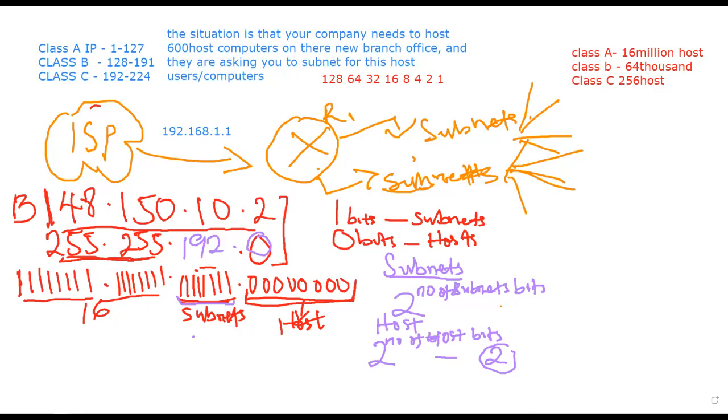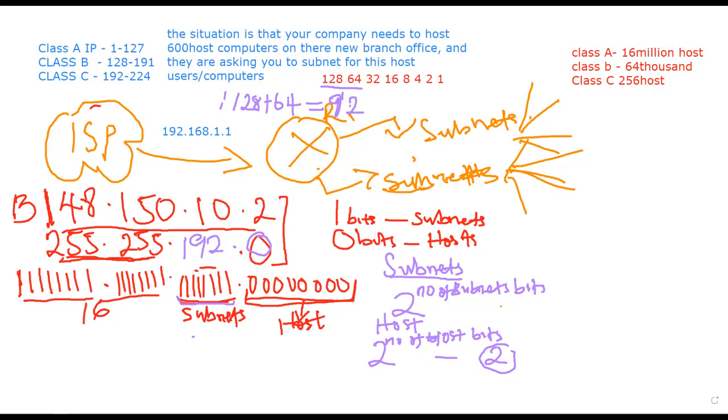What should that be? 128 plus 64 is going to give us, let's see, I don't want to break my head too much, exactly 192. So these first two bits become 1 1.